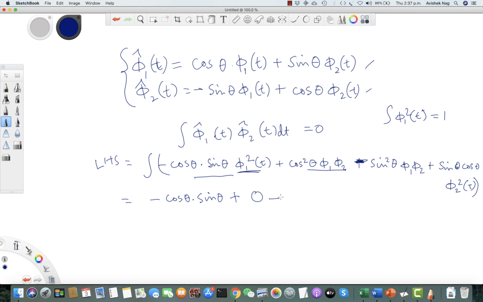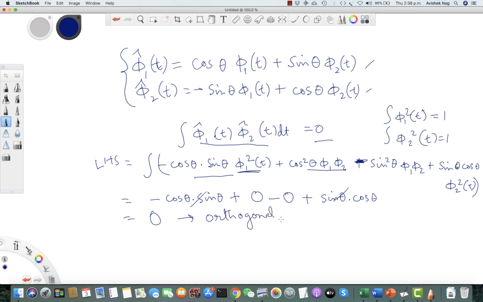Then the next term will also be 0, and then the final term will be sine theta times cosine of theta, because again this integral is 1, right? So you can see that we cancel these two terms and then you have a 0. So therefore this integral is indeed 0. So therefore these two phi 1 hat t and phi 2 hat t are orthogonal.